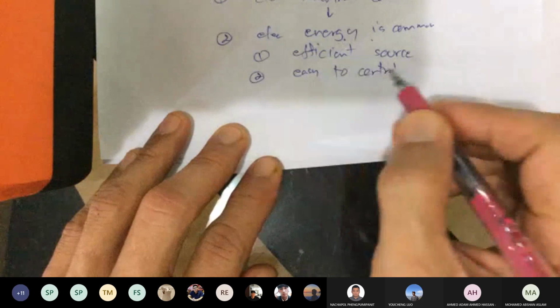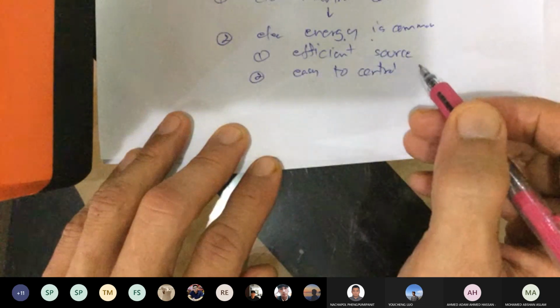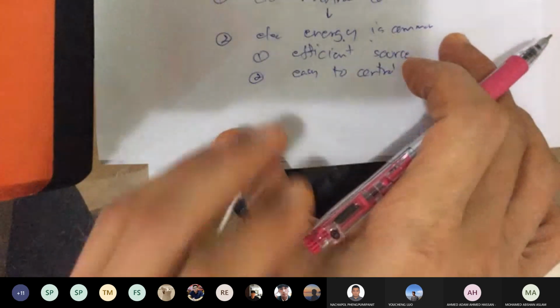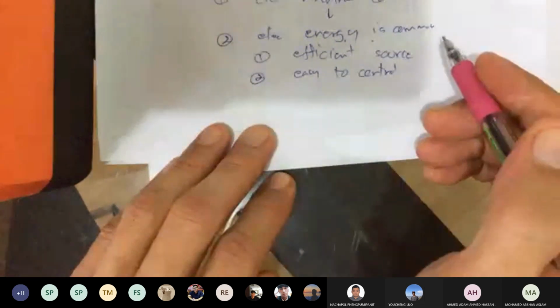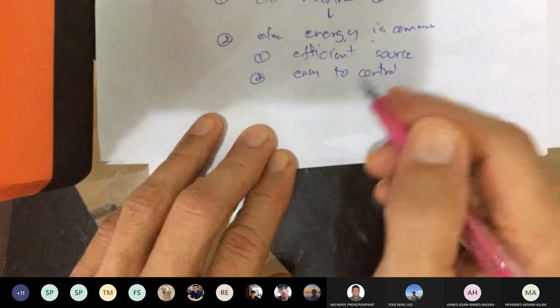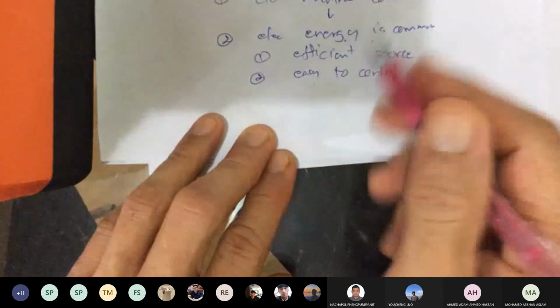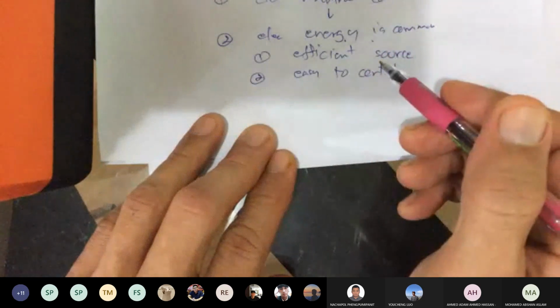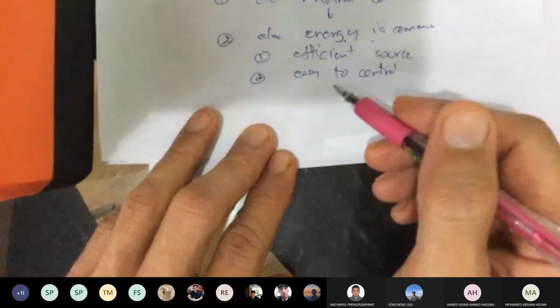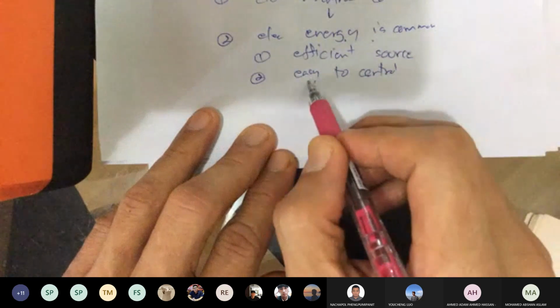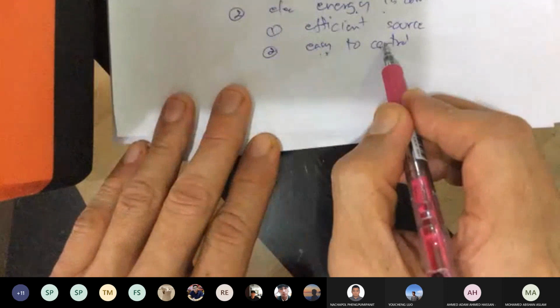But if you don't use a heater, you use, let's say, a fireplace, like you see in the movies for the Thai students, you can't adjust the temperature easily. You want it warmer, you put more wood in it to burn more. You want a lower temperature, you take the wood out. So it's not really easy compared to an electric heater. So it's easy to control.